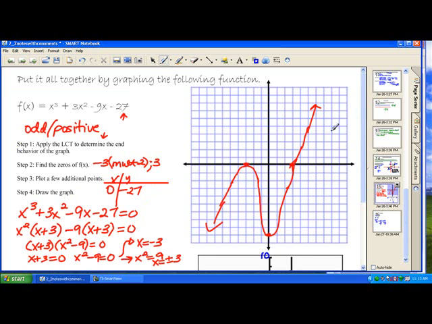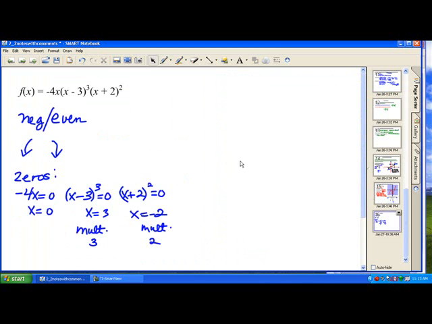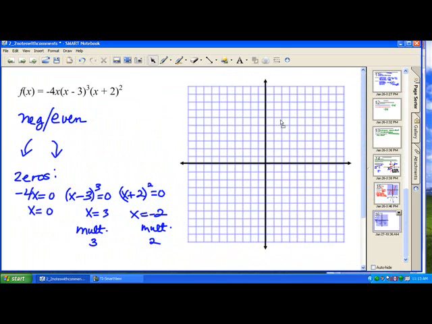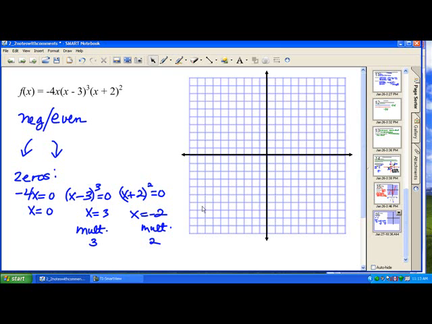So now if we want to, let me do something real quick here, get a graph. Let's get the general shape and then I'll show you on the calculator. So we know what's going to happen here. We know that we have a 0 at 0 and at 3 and at -2.